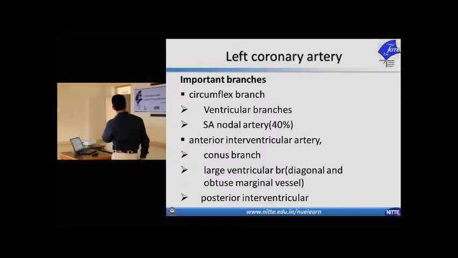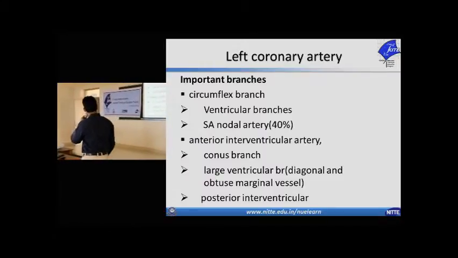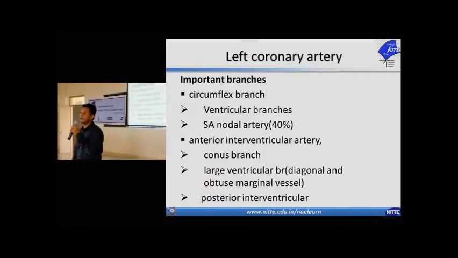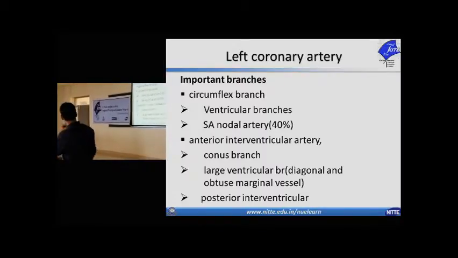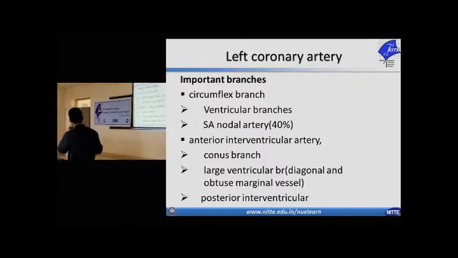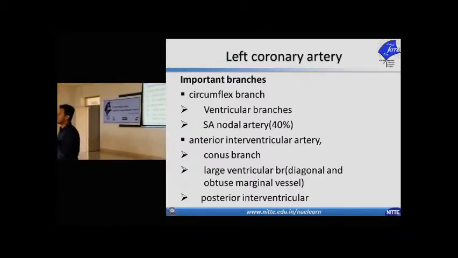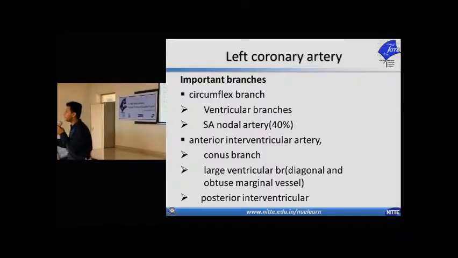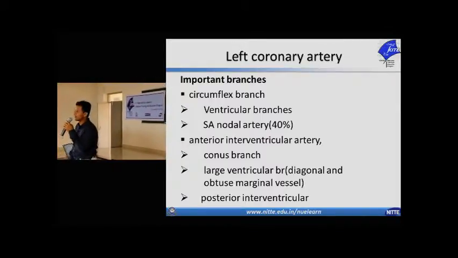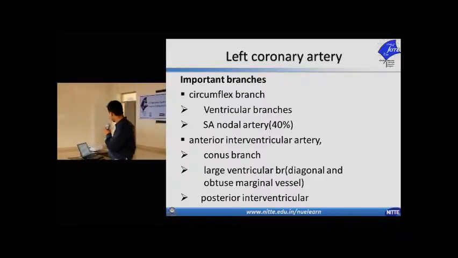What are the branches? There are 2 main branches of the left coronary artery: one is the circumflex branch and the other is the left anterior descending. These 2 branches give out branches which supply the ventricles and the atria. The branches which supply the ventricles are called ventricular rami and the branches which supply the atria are called atrial rami.